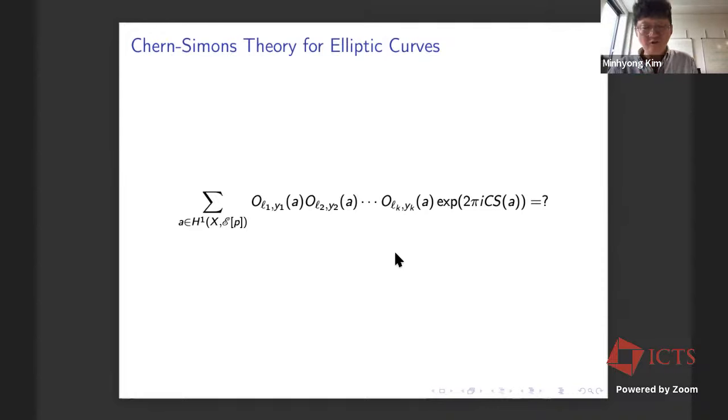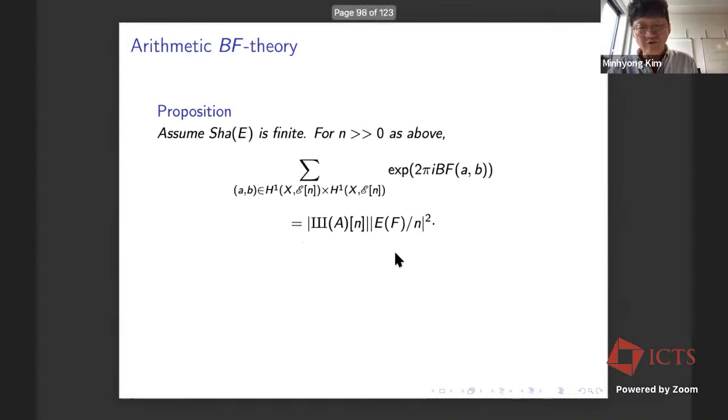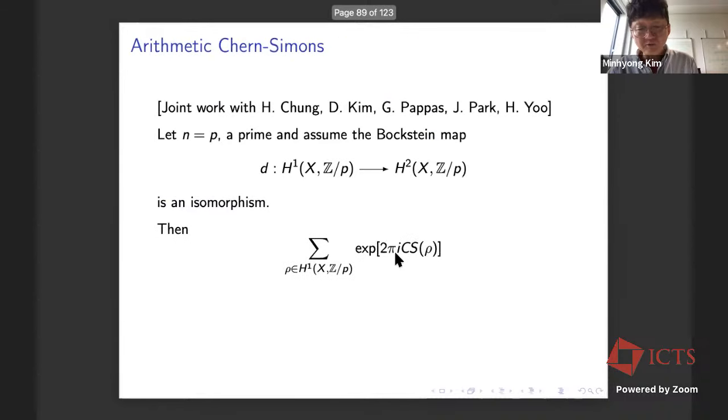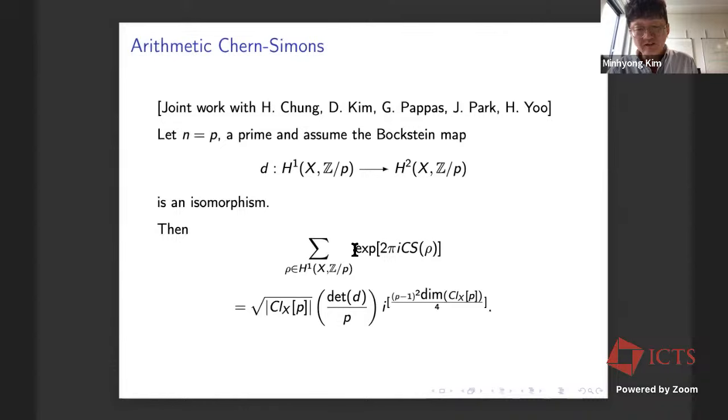I should have said, in fact, that you can also do this in the path integral as well. For example, this one, you can do it with Wilson loop type operators inserted as well. And then you get a kind of arithmetic analog of linking numbers between primes.